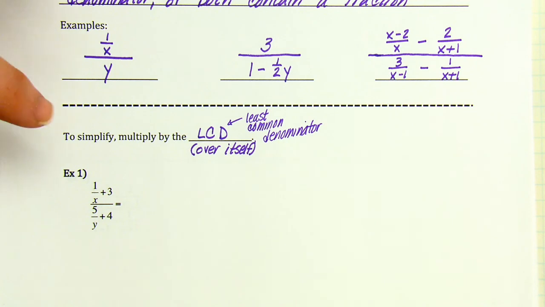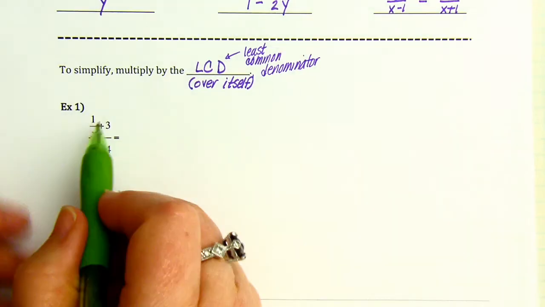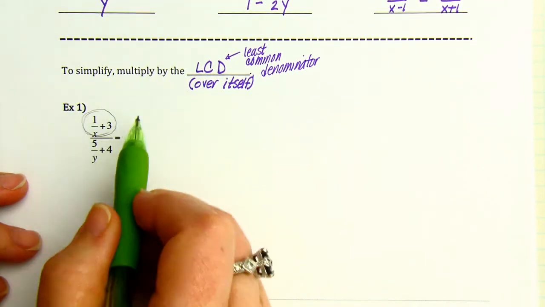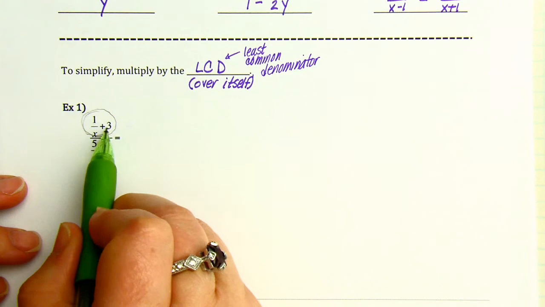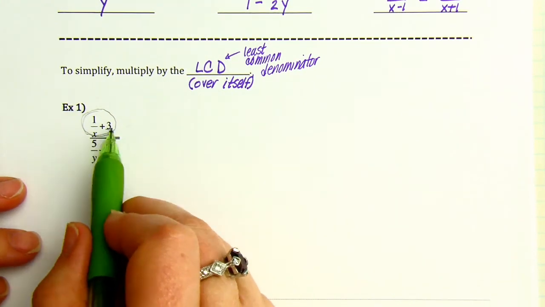So I look in the numerator part of this complex fraction. This thing right here. Now remember, 3 is over 1. So the common denominator for these two items is x.